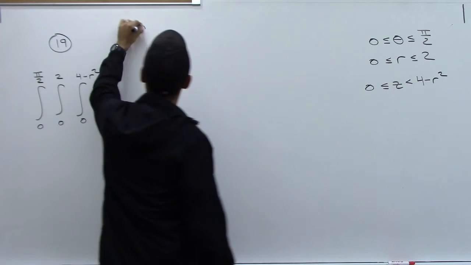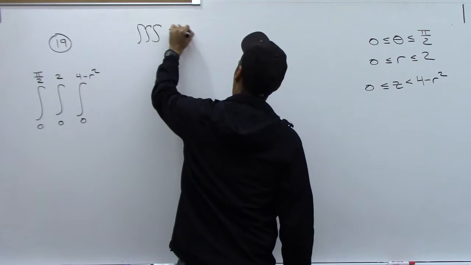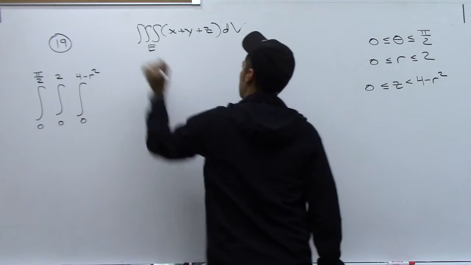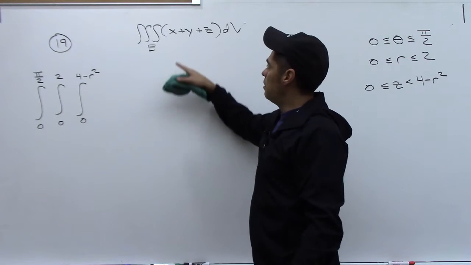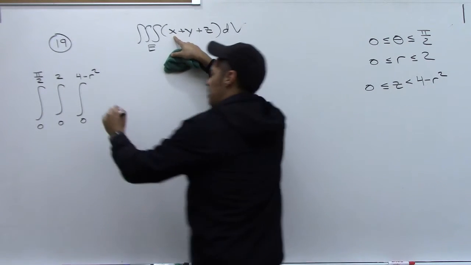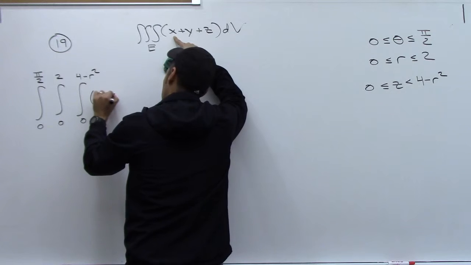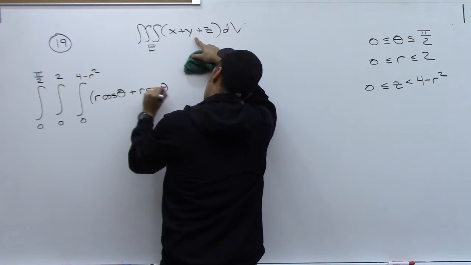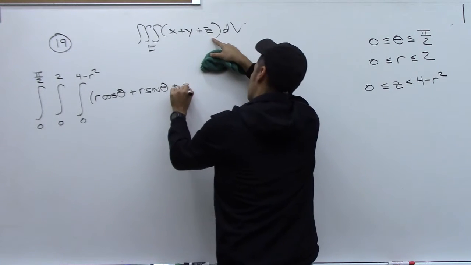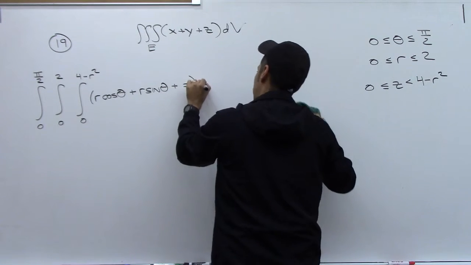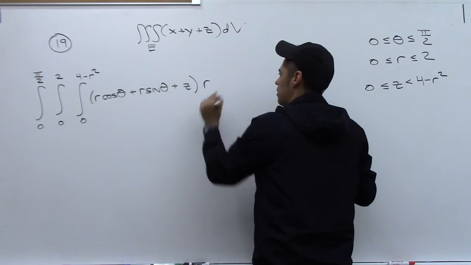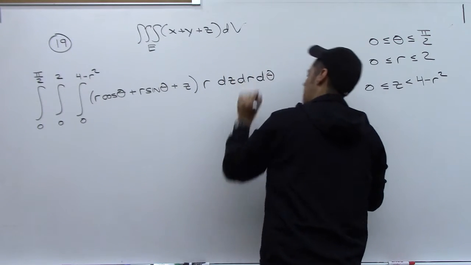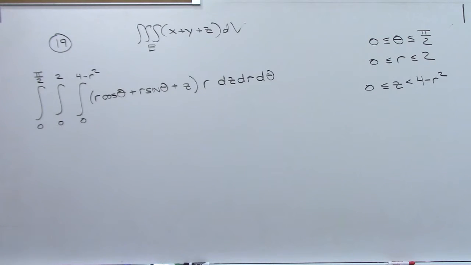I'm integrating x plus y plus z dV over E. Because I'm converting to cylindrical coordinates, x becomes r cosine theta, y becomes r sine theta, z never changes in cylindrical, and then I have an r from being in cylindrical, and then dz dr d theta. So that's the initial setup.